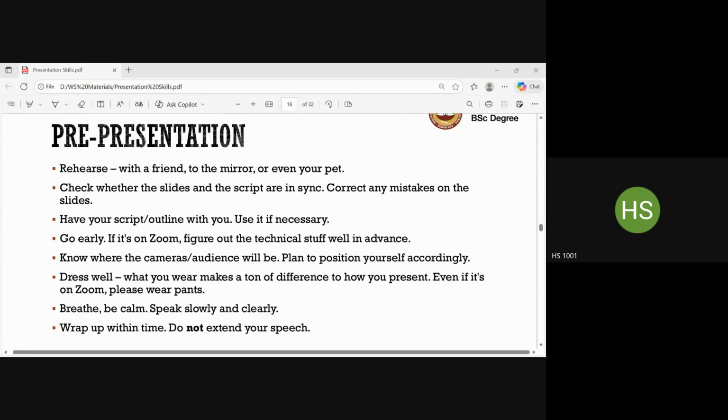This isn't just about presentations per se. Whenever you're speaking, you should speak slowly and you should speak clearly. If you speak too fast, whoever is listening to you will not be able to comprehend what you're saying. So, in the interest of your listener, you should try to speak at a nominal speed and enunciate your words clearly.